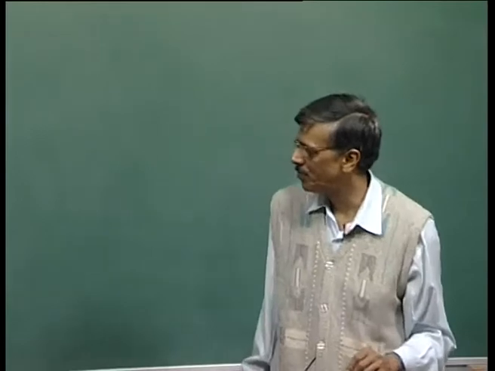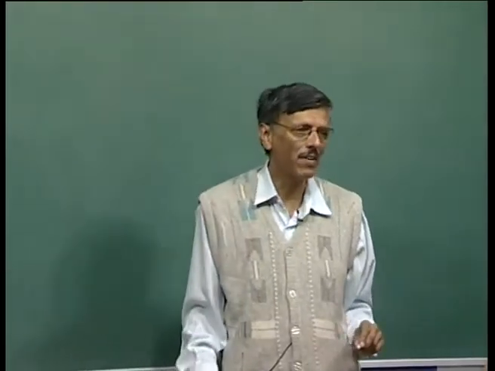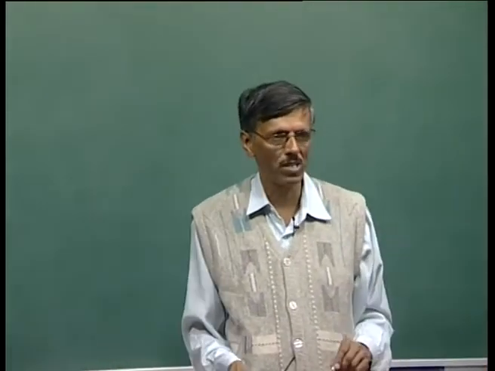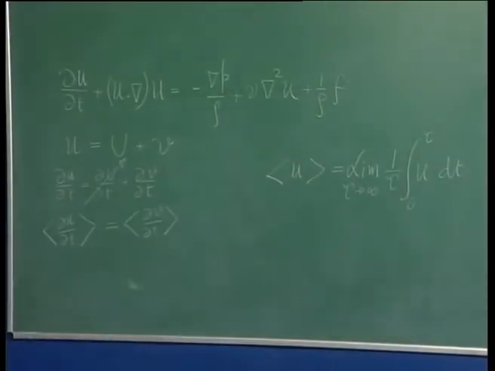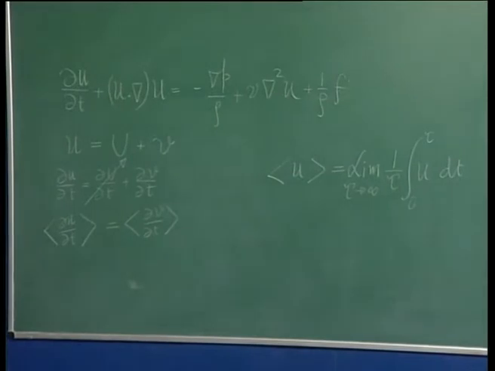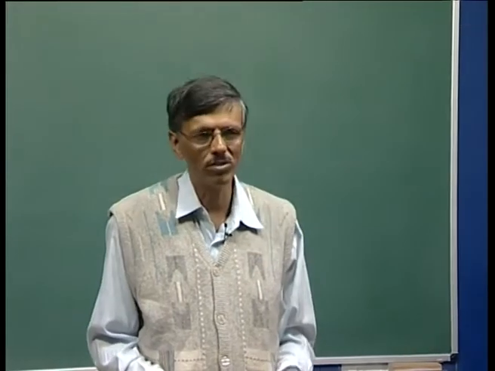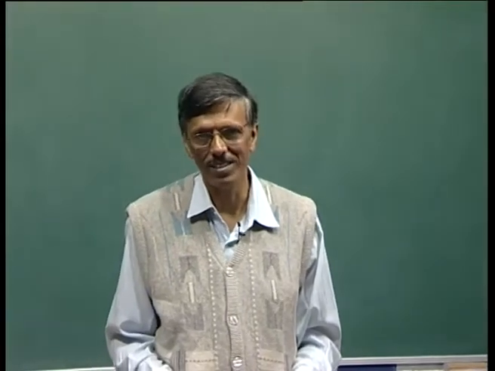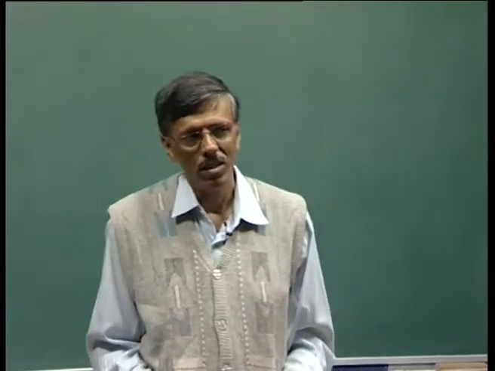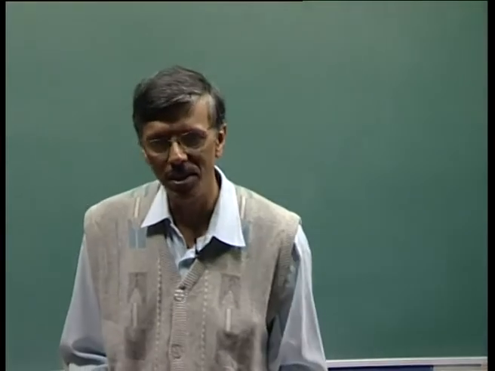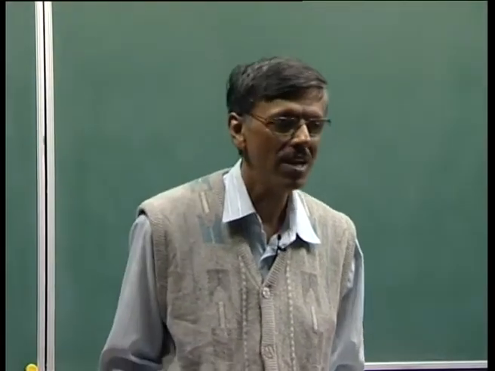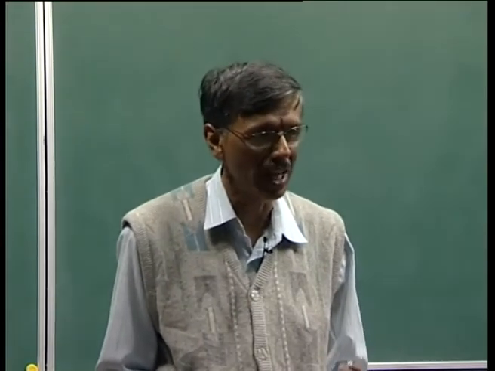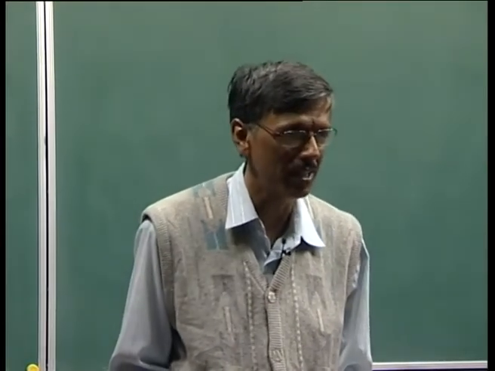Now, what is this averaging operation? Averaging operation is over a very large time. If I am talking about a very large time, what is the corresponding frequency? Frequency is going to be very small, right? Whereas, the fluctuations that we associate with turbulent flows are characterized by very high frequency oscillations. That is why we call it chaotic or random.